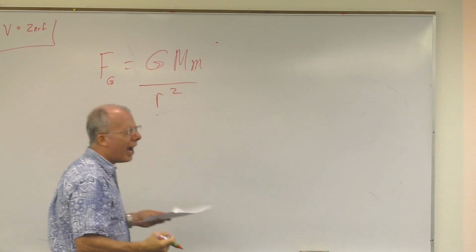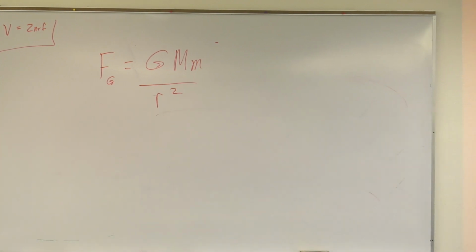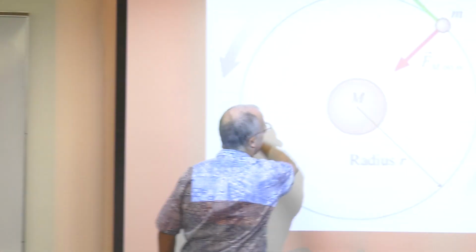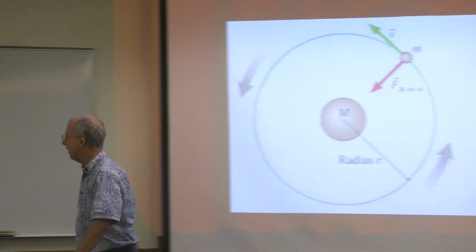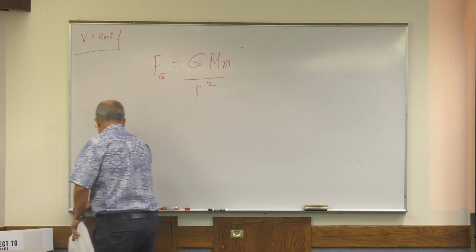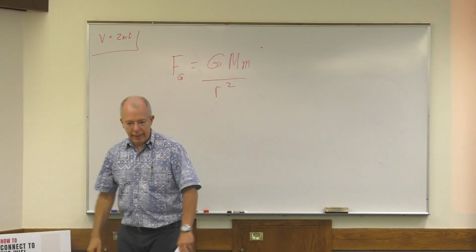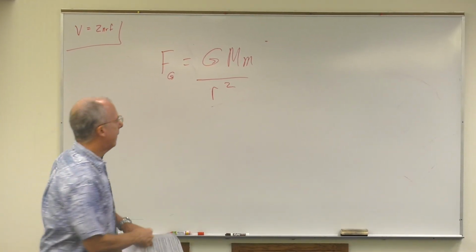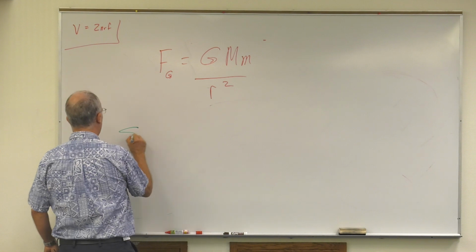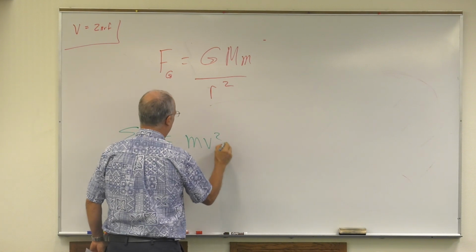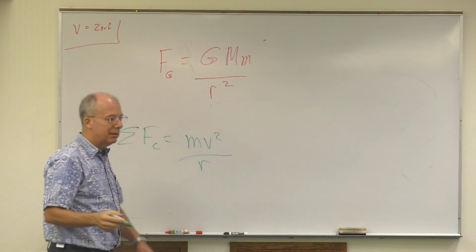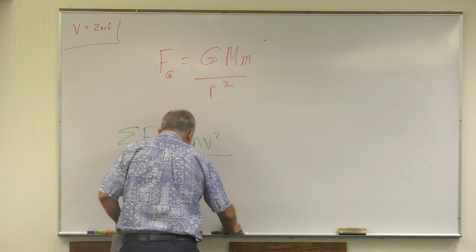Now, what kind of force is this? This is going in a circle. So what kind of force is this? Centripetal. So like always, we write down the sum of the centripetal forces equals mv squared over r. Now hold on a second.